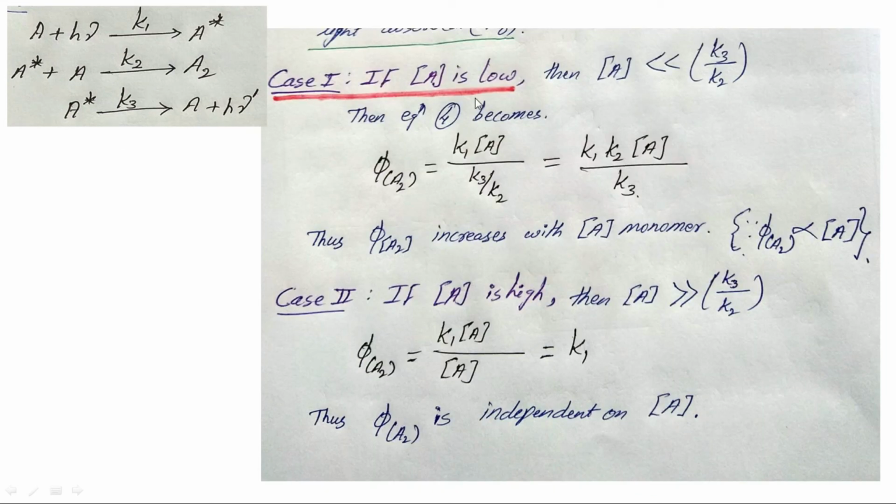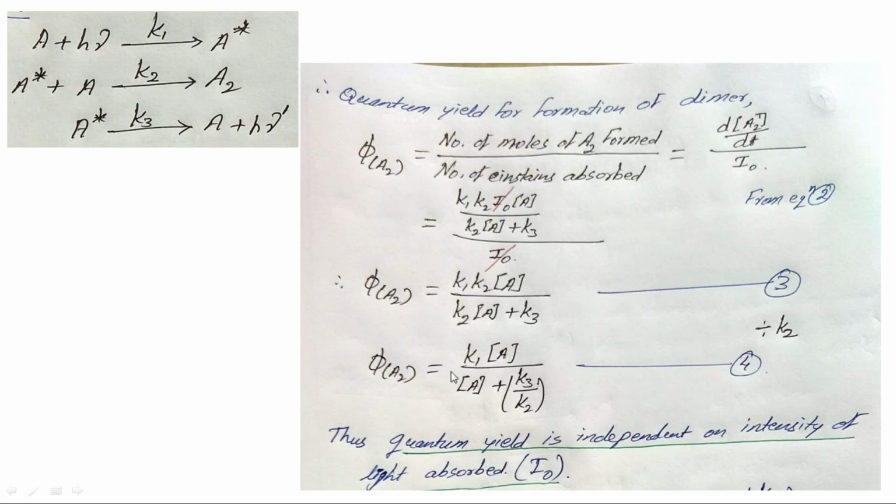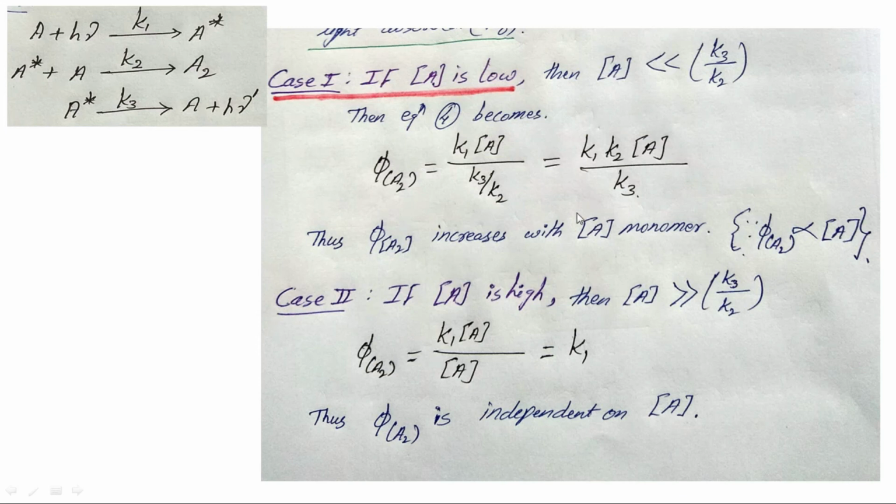Case 1: if the molar concentration of anthracene is very much less compared to K3 upon K2, then in equation 4, as the value of A is very small, we can neglect it. So the remaining term is just K3 upon K2.